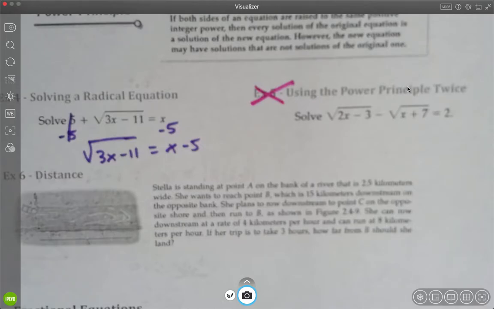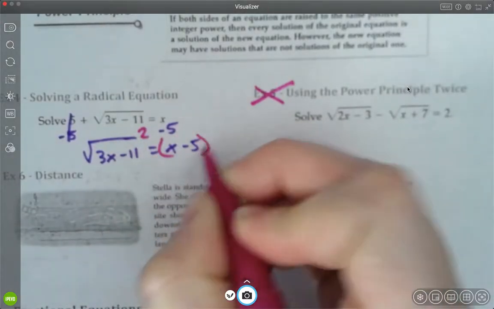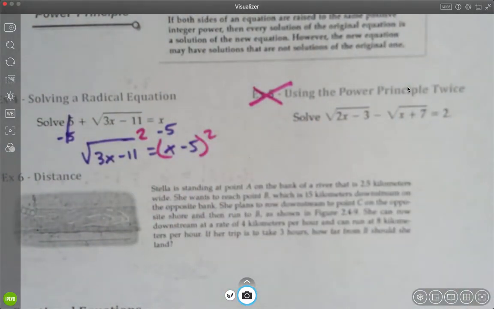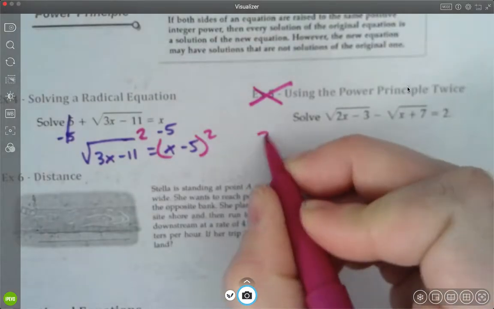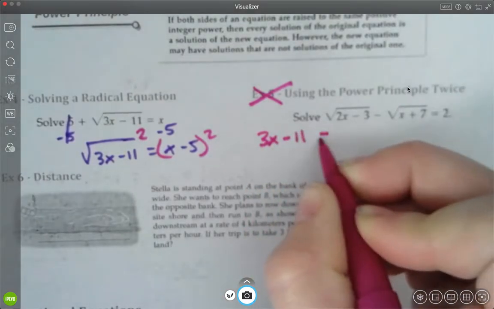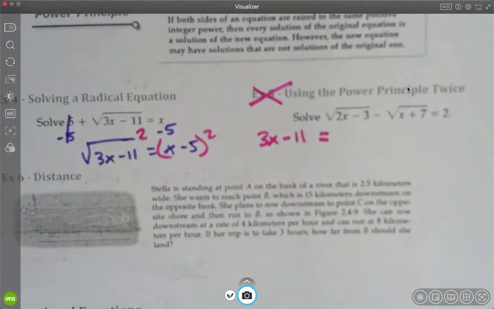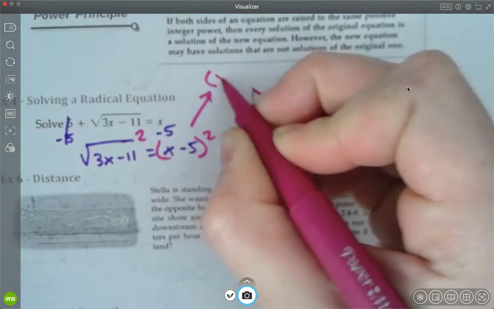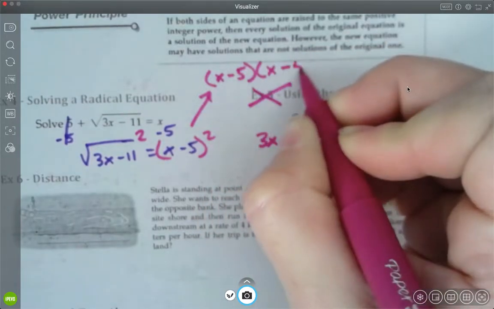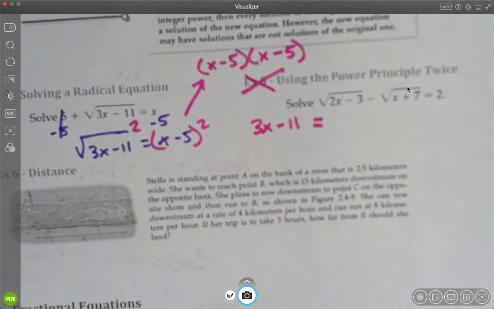All right, now what? Now we square. 3x minus 11 pops out equals, and whoa, hold on. x minus 5, squared.